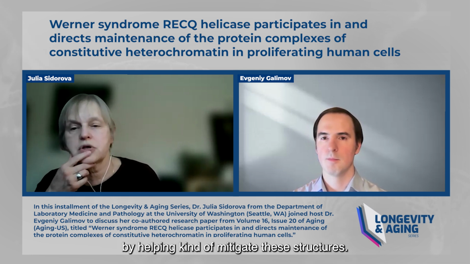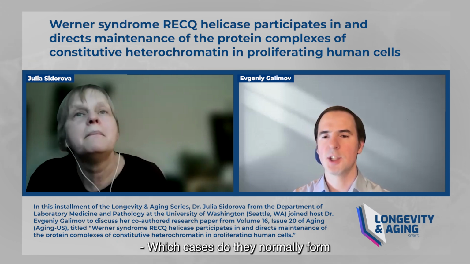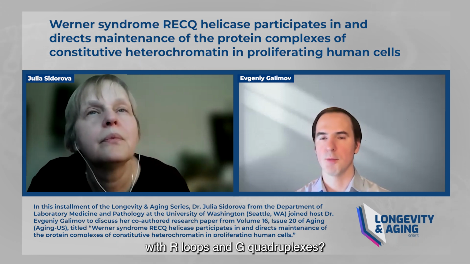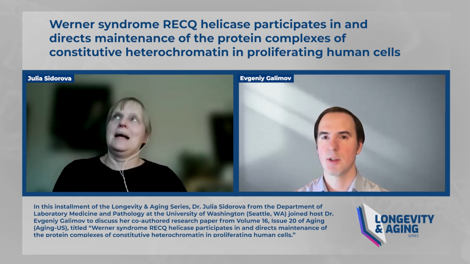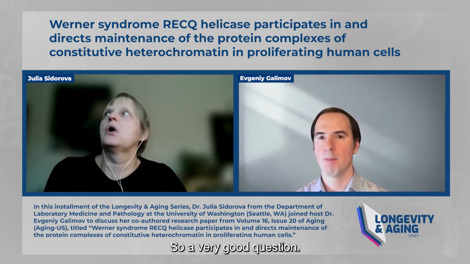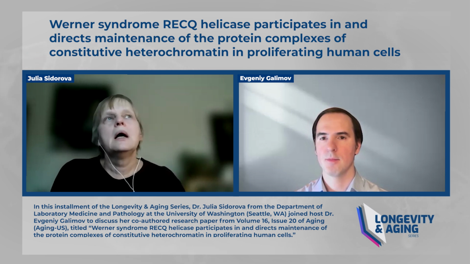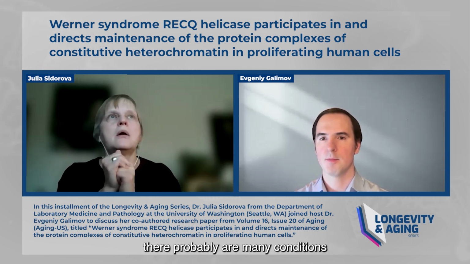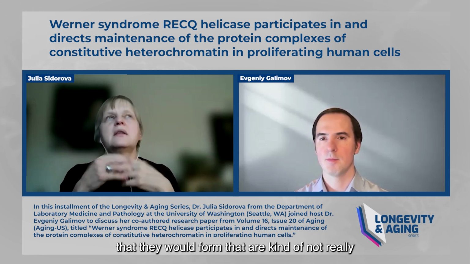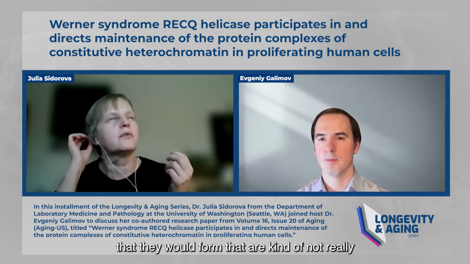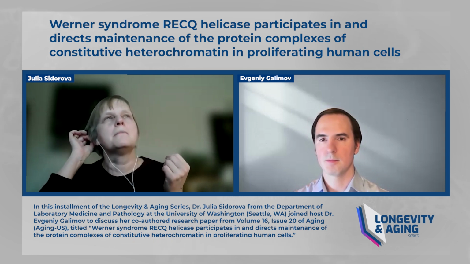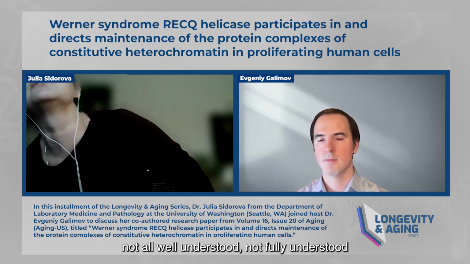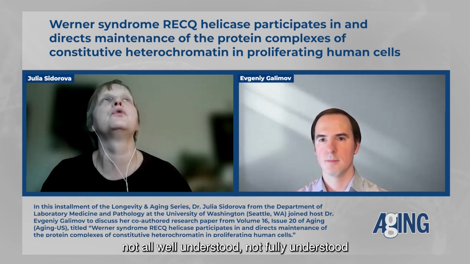Sorry, in which cases do they normally form, R loops and G quadruplexes? Yes, a very good question. The answer is, in brief, there probably are many conditions under which they form that are not fully understood.